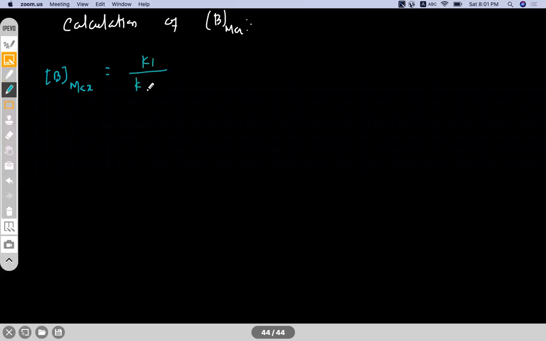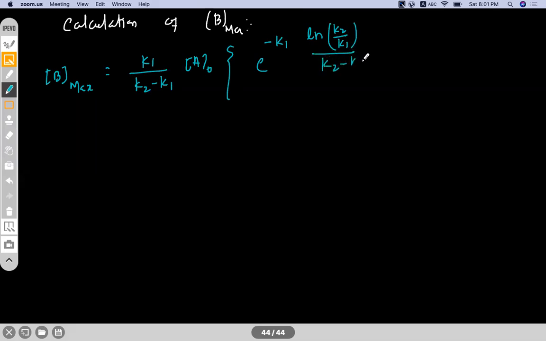So you see the calculation of B max. B max equals K1 by K2 minus K1 A naught, open bracket, e to the power minus K1T, where T is ln K2 by K1 divided by K2 minus K1, minus e to the power minus K2 times ln K2 by K1 divided by K2 minus K1.